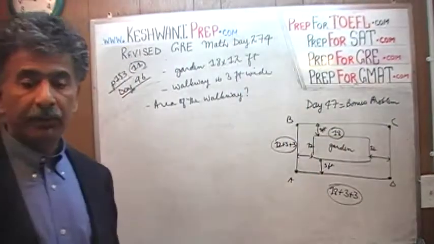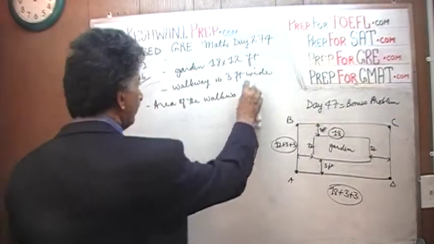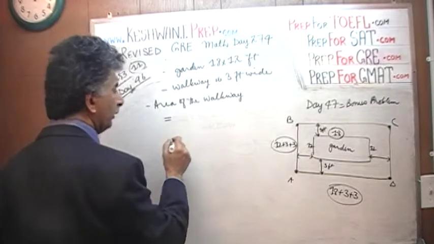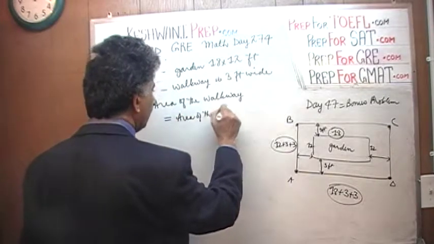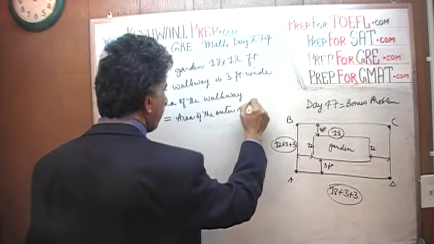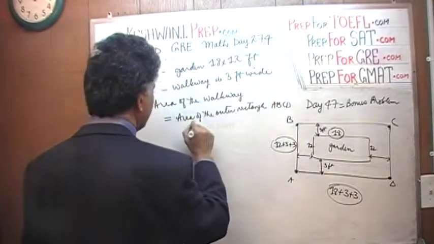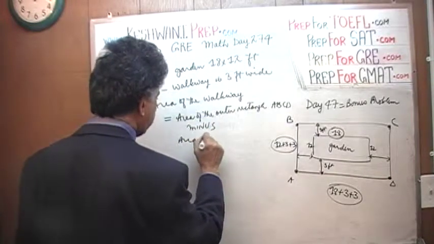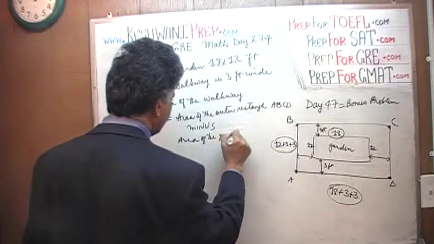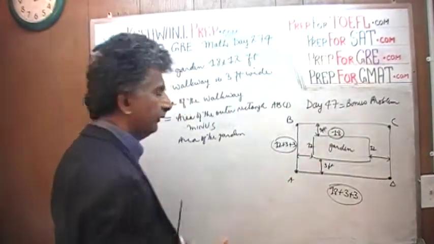So now we can figure out the area of our walkway. All we have to do is, the area of our walkway is going to be equal to the area of the outer rectangle, which is what we're calling ABCD, minus the area of the garden, which is 12 by 18.